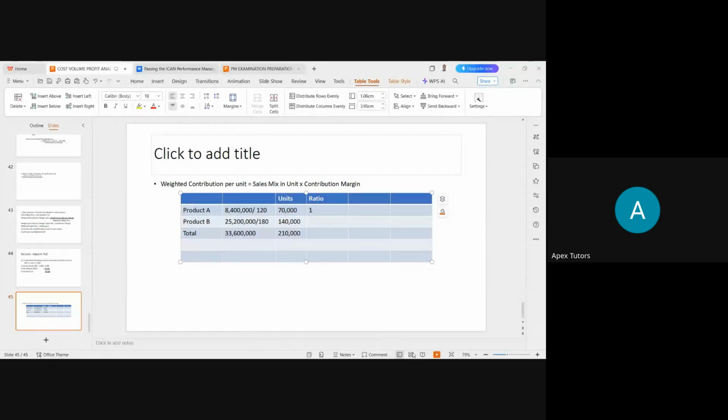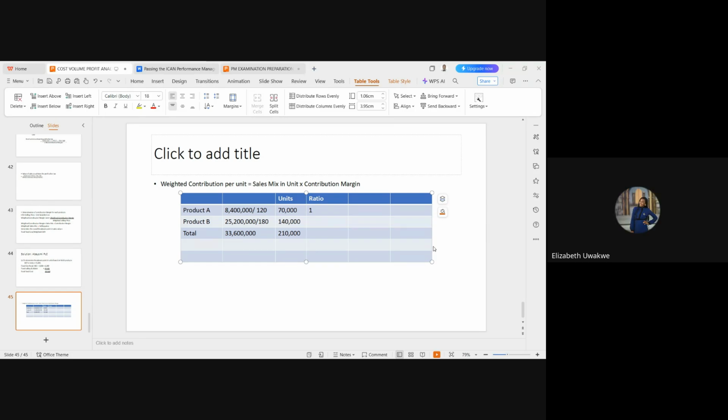How do you determine that? Yes, the mic is on for everybody. 70,000 divided by 210,000. Okay. Then you have what, sir? They have it as ratio 1.